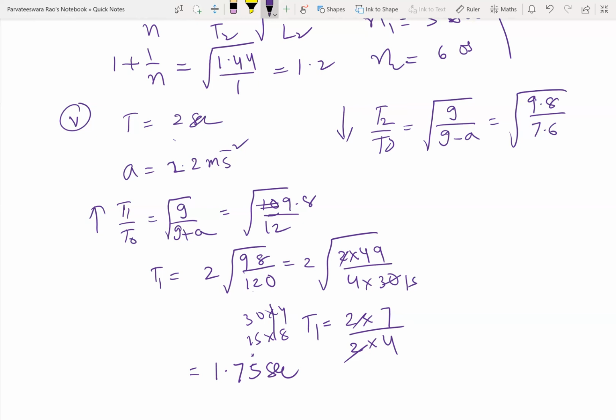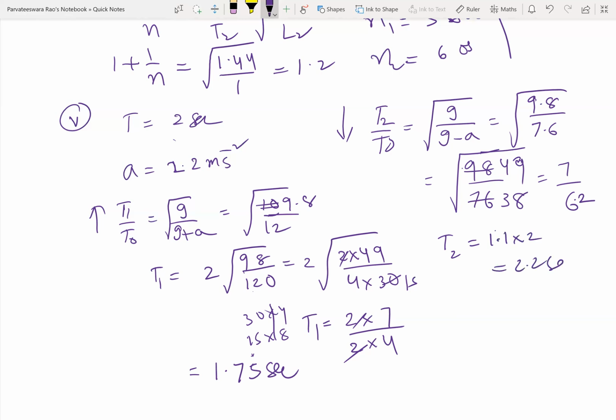So T2 is 98 by 76, nearly 7 by 6. So 7 by 6, that is nearly 1.1, so 1.1 into 2, that is 2.2 seconds.